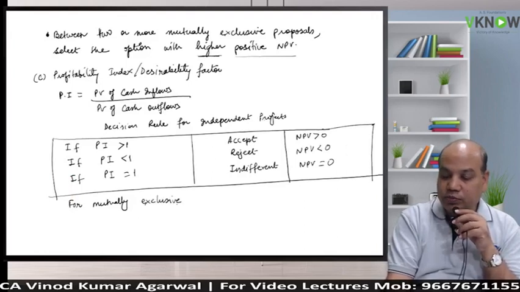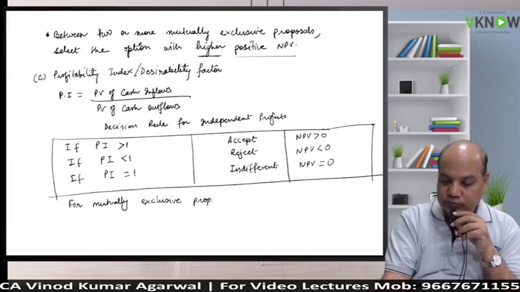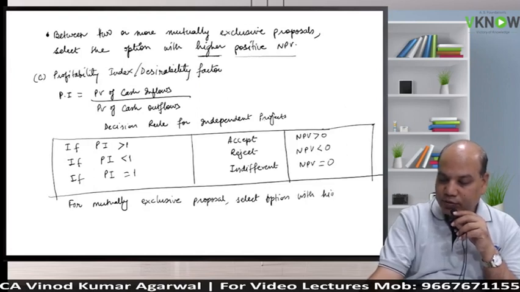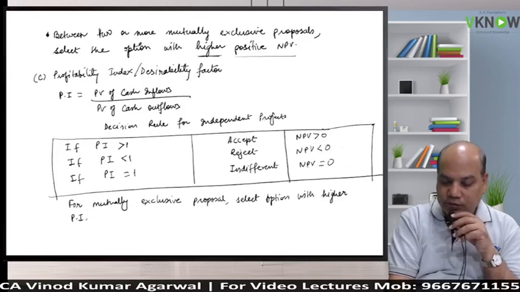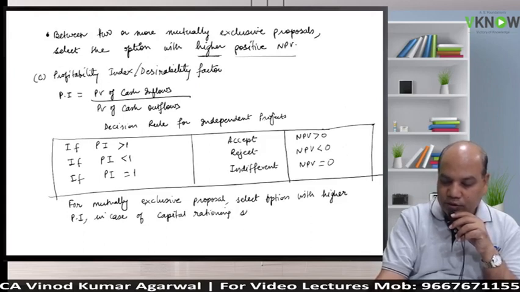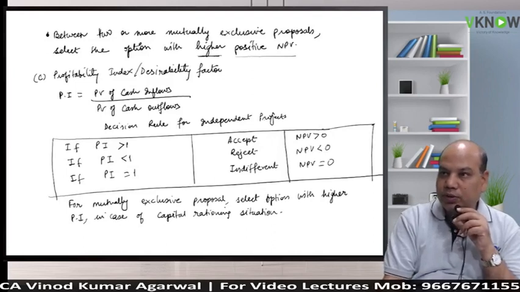When you have to make a choice between two or more proposals, select the option with higher profitability index in case of capital rationing situation.